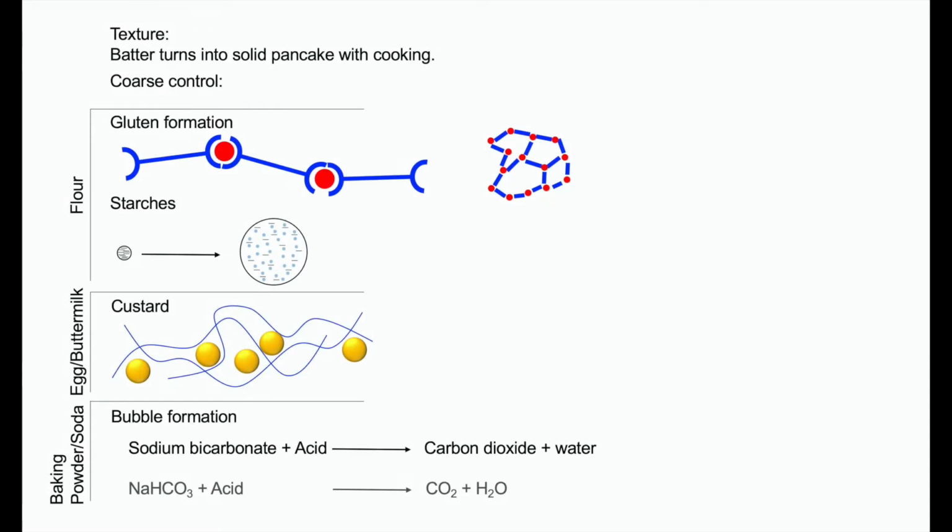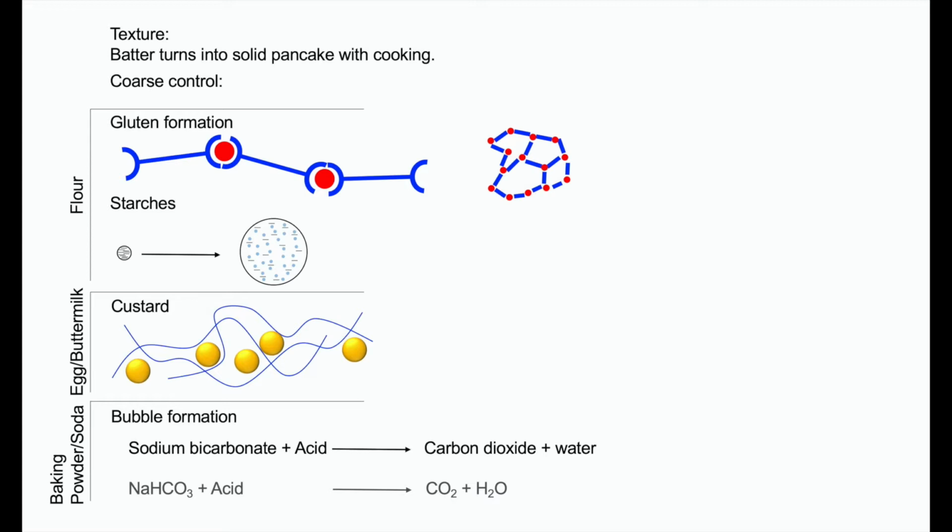Okay, let's get into thinking about where our texture comes from and how our texture is built. All right, so our texture is going to come from a couple different sources, right? So we have flour in this, and there are several chemical aspects to flour that help us to develop different kinds of texture in our food, right?